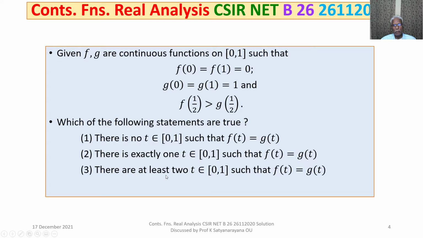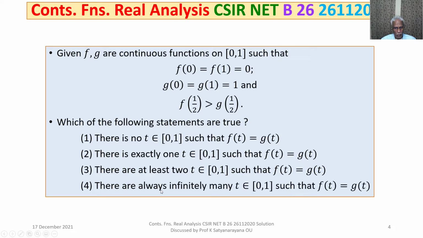There are at least 2 t belonging to the closed interval [0, 1] such that f(t) = g(t). Option 4. There are always infinitely many t belonging to the closed interval [0, 1] such that f(t) = g(t).